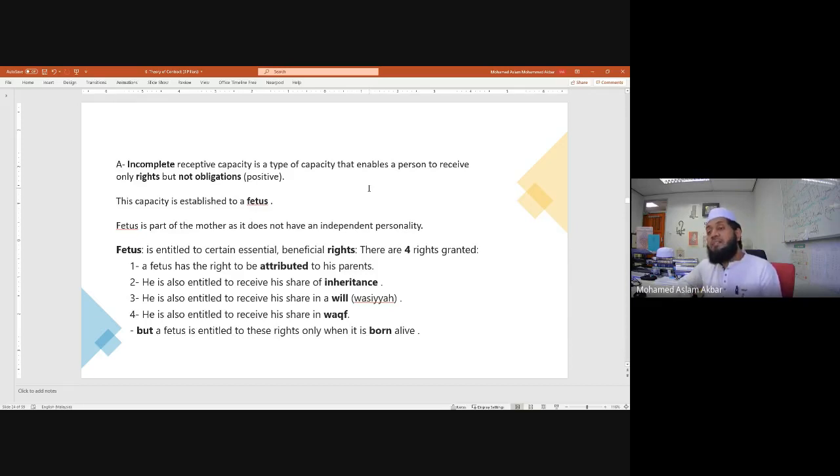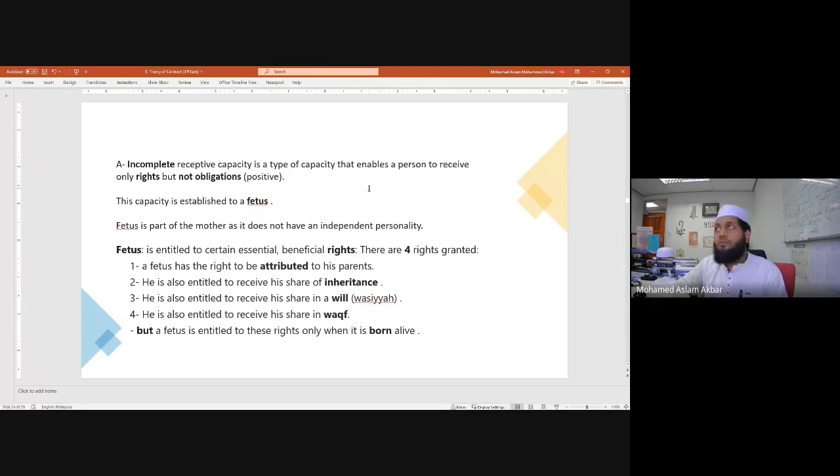A fetus has the right to attribute lineage to his parents. He is also entitled to receive his share of inheritance. This is what I told you. If the father passed away and the baby is in the mother's womb, and there are, for example, 2 children already born and alive, then this fetus will be number 3. So when there is inheritance, they have to also count this fetus.